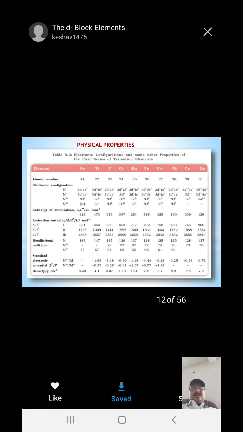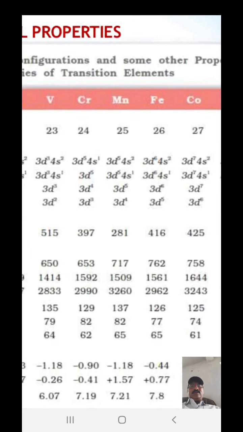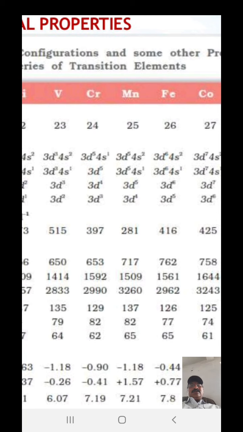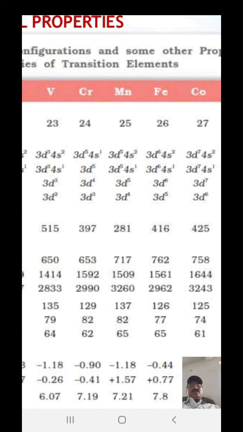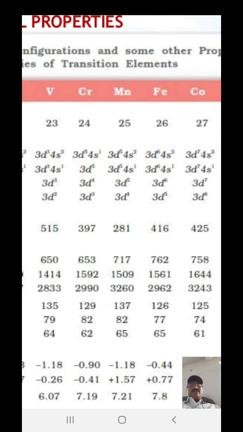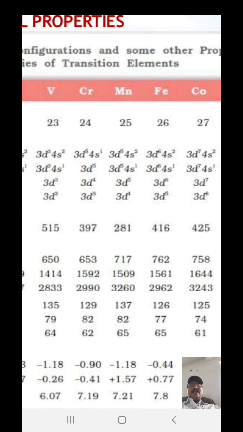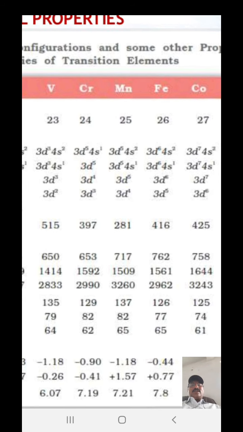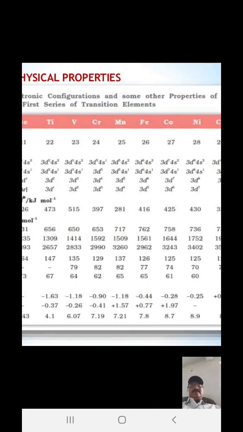Already you know electronic configuration very well. By using the Aufbau diagram, you can write the electronic configuration for all the elements. Here in the 3d series, chromium and copper, observe carefully. Chromium: actually the electronic configuration would be 4s2 3d4, but instead it has 4s1 3d5.